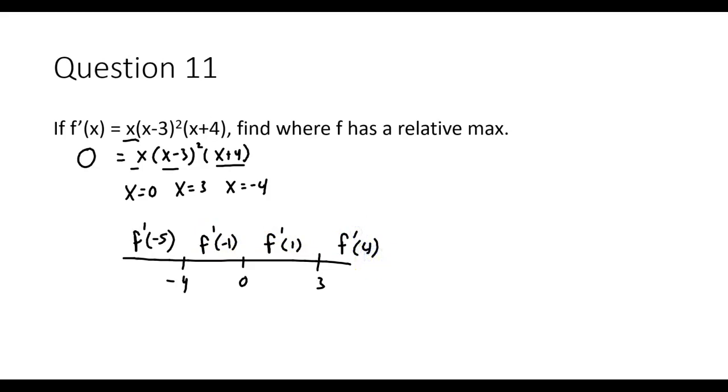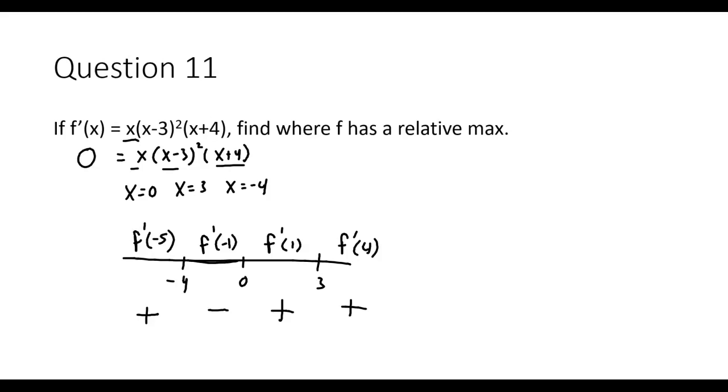All right. If I were to plug in -5, I would get negative, positive, negative. So that's going to end up being a positive on this interval. Here, if I plug in a -1, I get negative, positive, positive. That's going to be negative. And this will also be positive here. All right. So we want to know, where do we have a relative max?